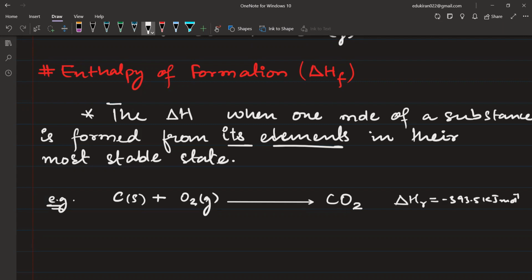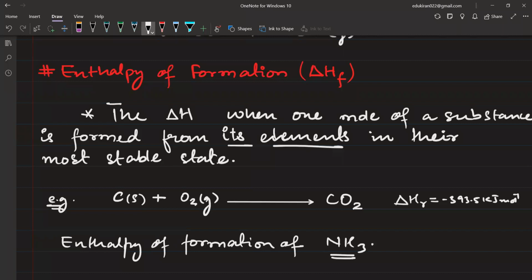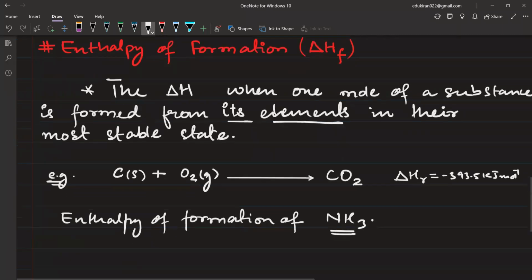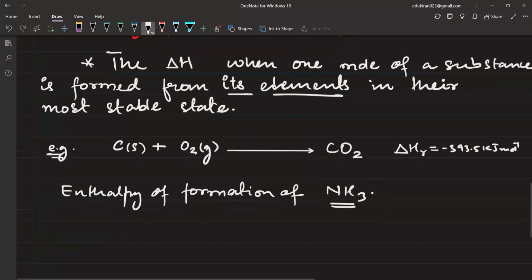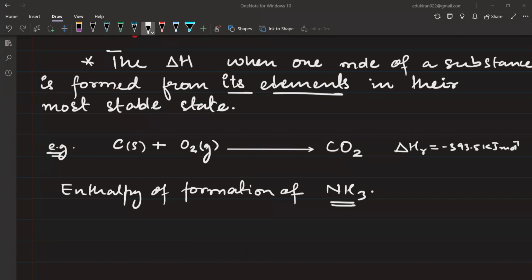Write the equation for enthalpy of formation of ammonia. केमिकल इक्वेशन लिख के बताइए. Enthalpy of formation of ammonia.